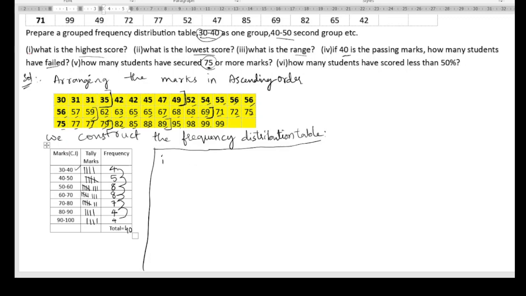The first question is, what is the highest score? After arranging in ascending order, it became very easy to identify the highest score. The highest score is 99.